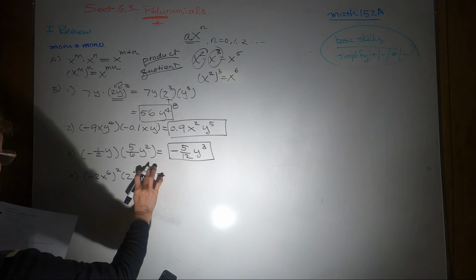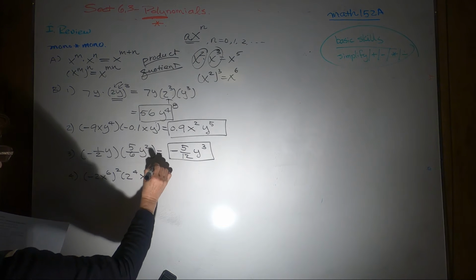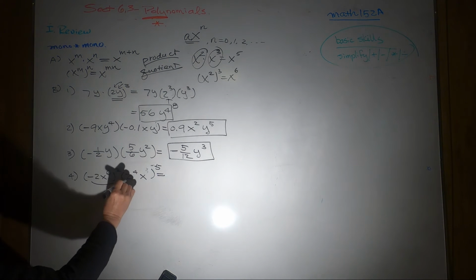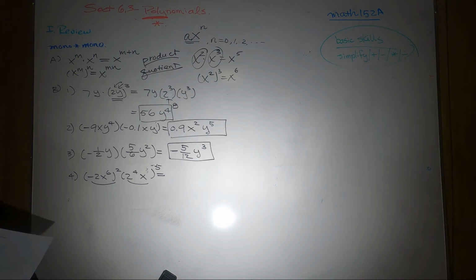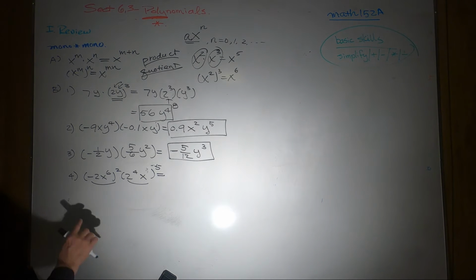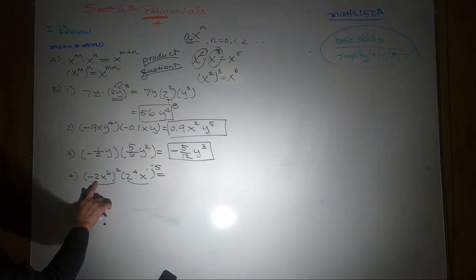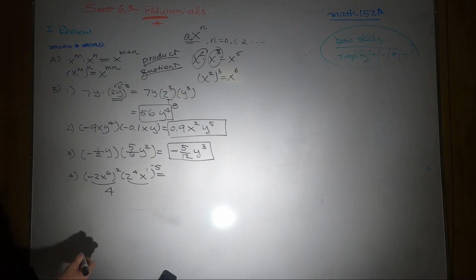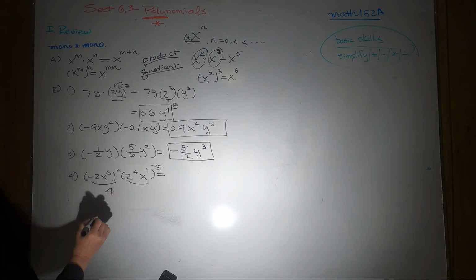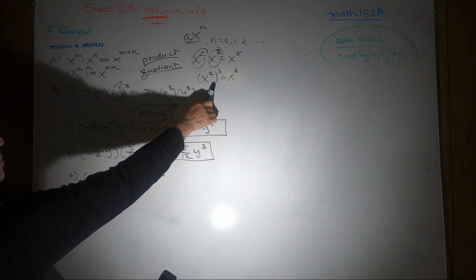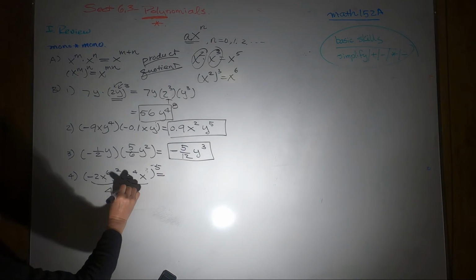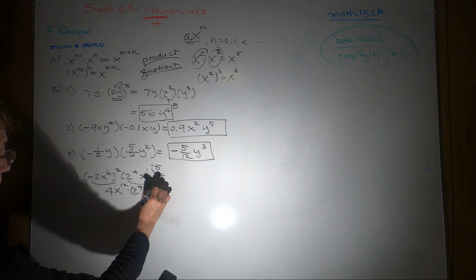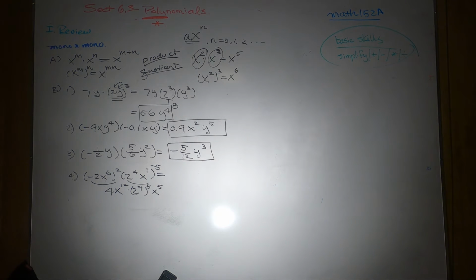And 5 is outside. So what we want to do is do it individually first, write it out, right? So negative 2 times negative 2 is what? 4, right? Then x to the 6 to the second power, power on power, you multiply your powers, 12. Times 2 to the 4th to the 5th power and x to the 5, right?